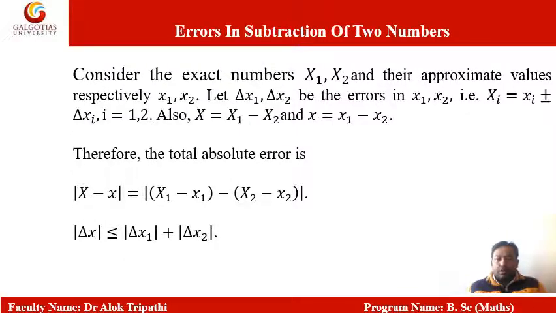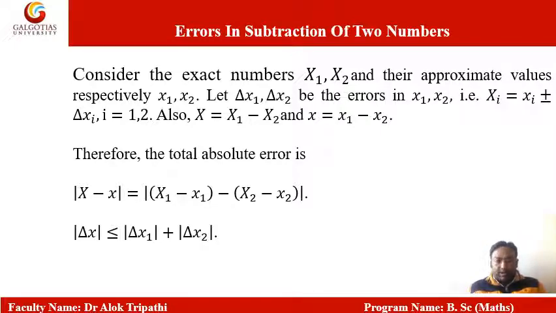Now see the estimate of error when we subtract one number from another. Again we are considering two exact numbers, capital X1 and capital X2, and their approximate values respectively are small x1 and small x2.